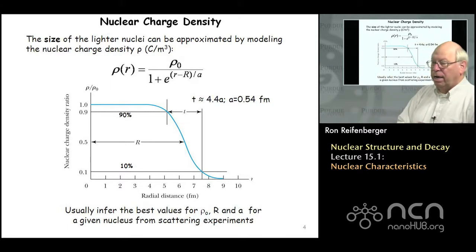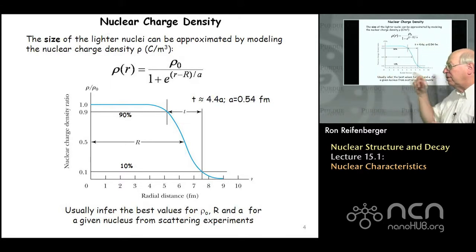And the important point to realize is that the charge in the nucleus, as a function of radial position, has a shape that's given schematically by this blue curve. The point where the charge density rho is equal to 1/2 rho naught is controlled by this parameter capital R. So that's telling you the effective radius of the nucleus.